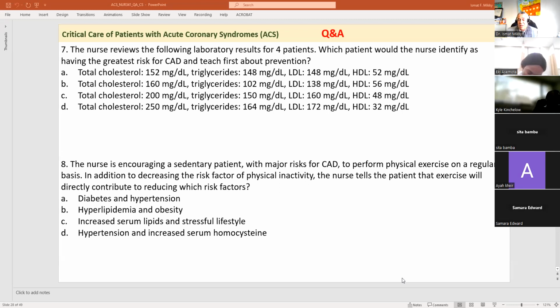So if they are hypertensive, they will control blood pressure. If diabetic, they will control their glucose metabolism, and it will also reduce stress. So combining all these positive outcomes from exercise, that's why the answer is B.